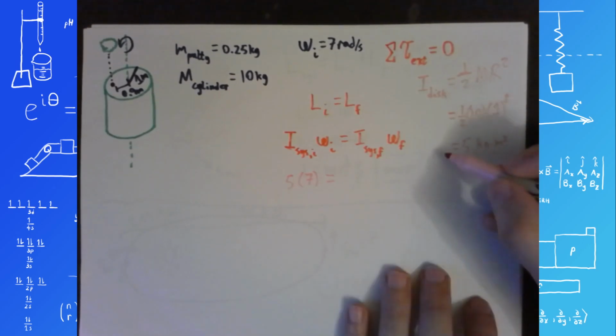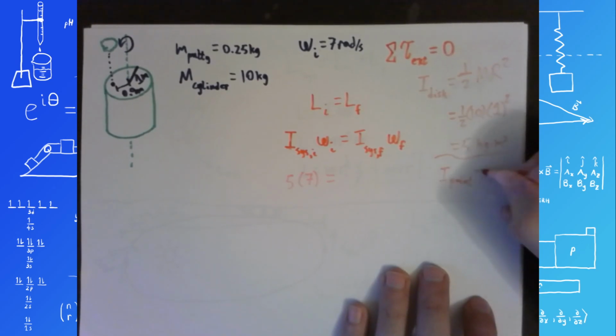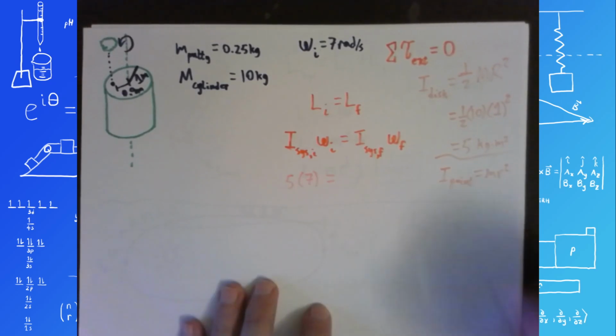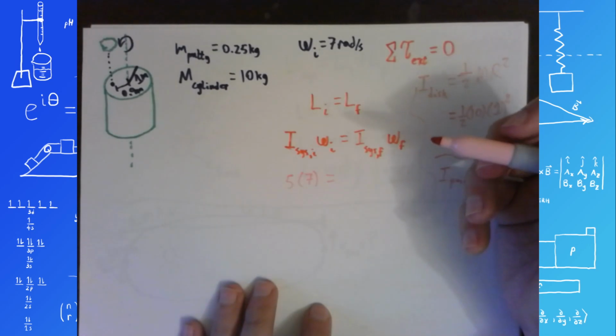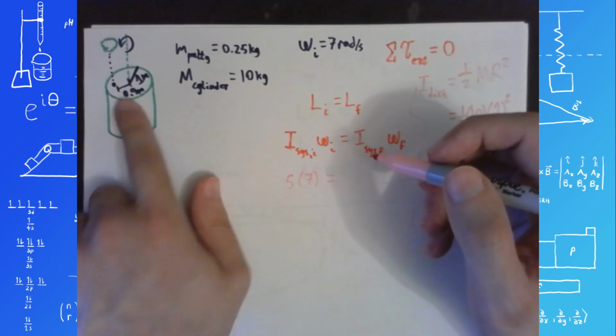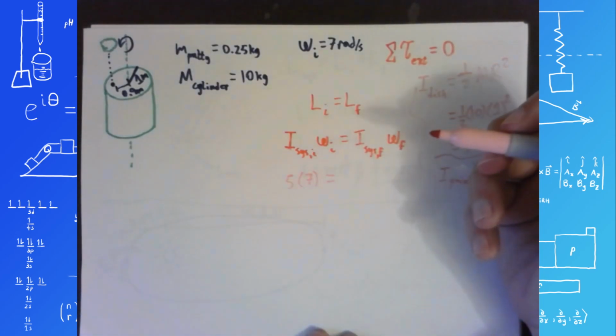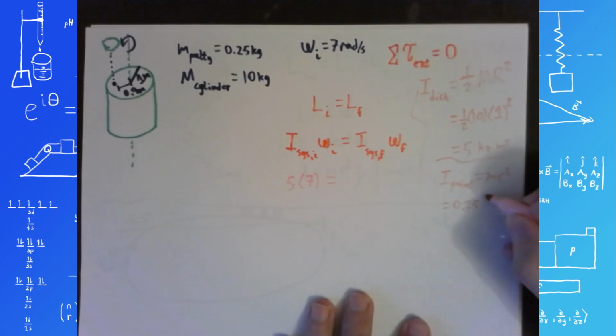And the moment of inertia for a point mass is mr squared. So its moment of inertia is going to be, it's 0.9 meters away from the axis, and it has a mass of 0.25, so 0.25 times 0.9 squared.